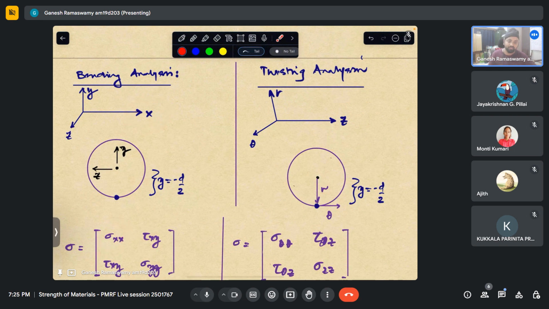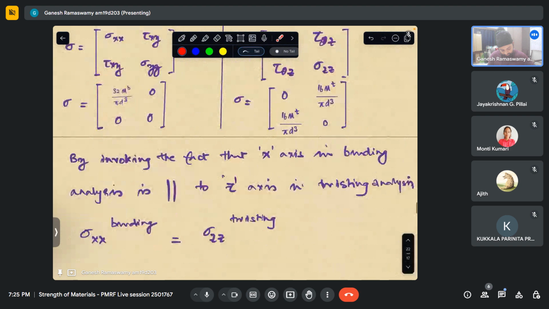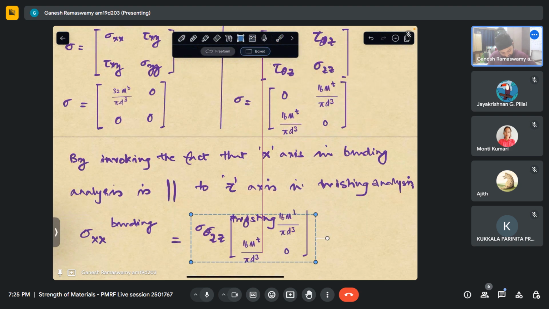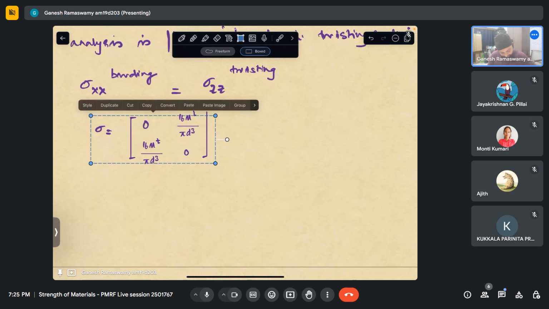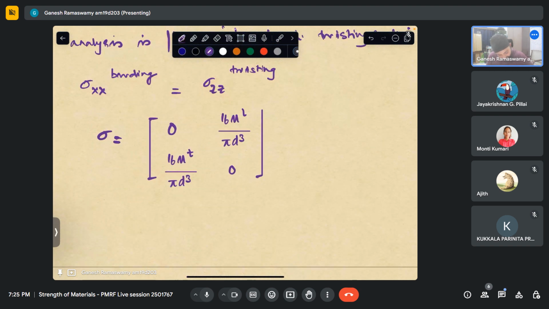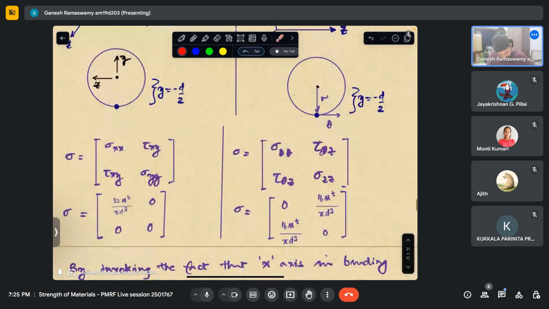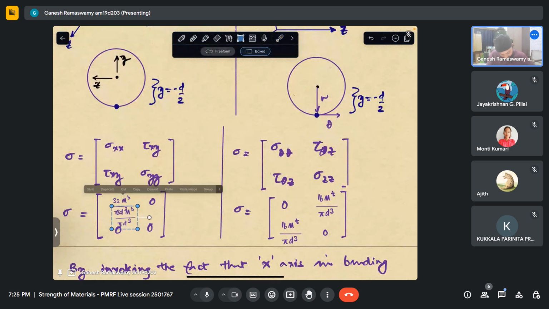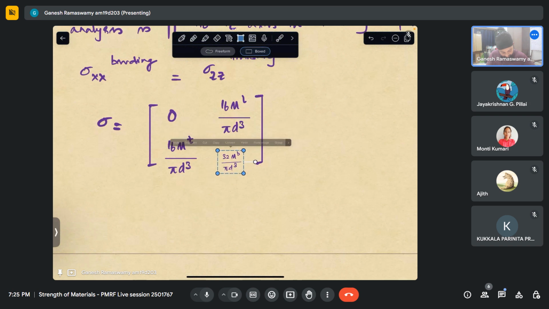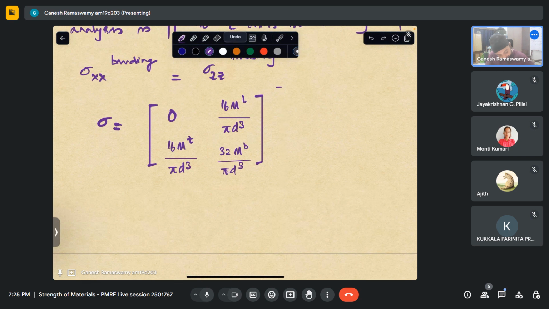So what the stress tensor will be is, if I were to take this here, this is sigma theta theta, which still remains 0. However, for this quantity, I just need to place this here. So this is the stress tensor for the case of combined loading.